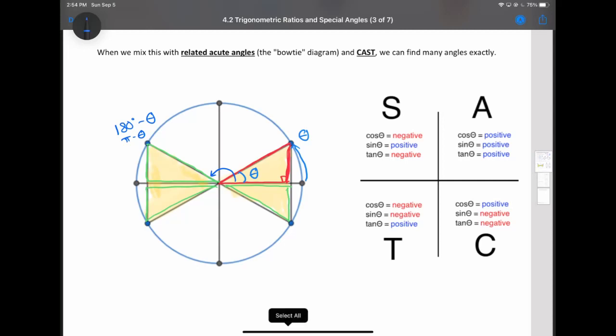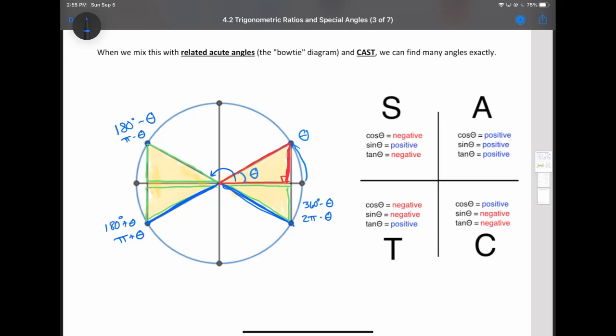For this angle here, that's going to be 180 degrees plus theta, which we could also write as pi plus theta if we're working in radians. And finally, this angle over here is going to be 2 pi minus theta, or 360 minus theta. So we've got 4 different angles now that we know everything about if we know the exact value of angle theta.